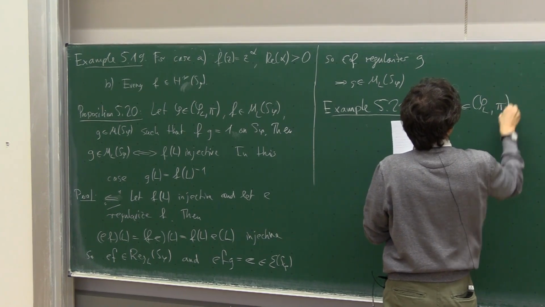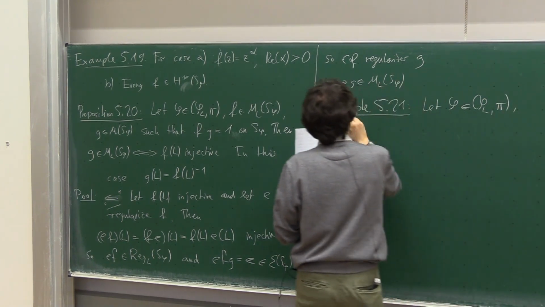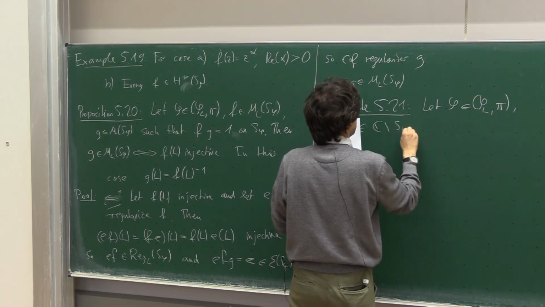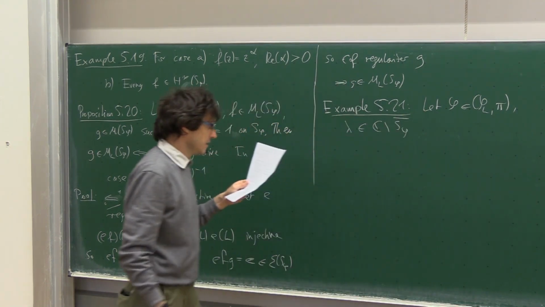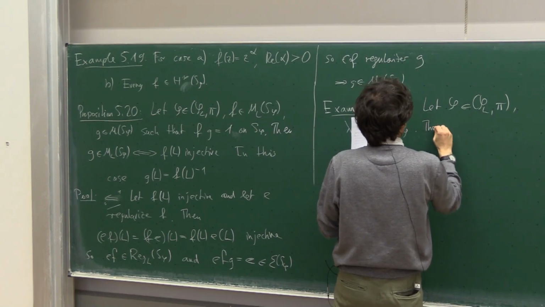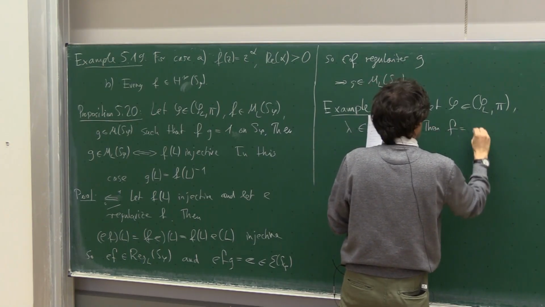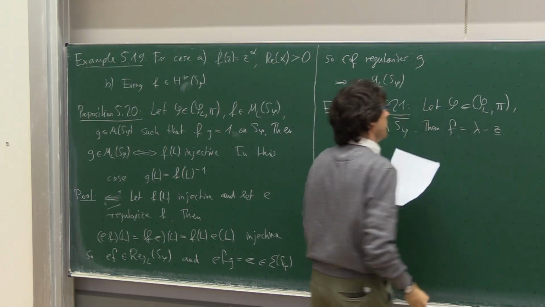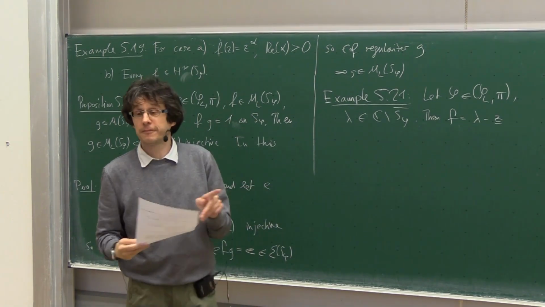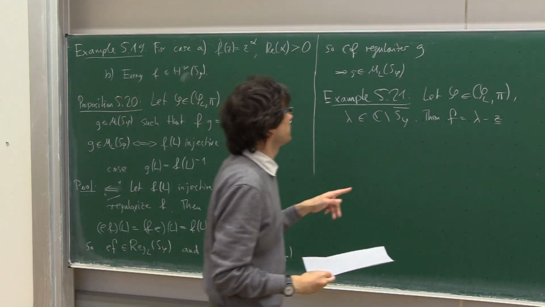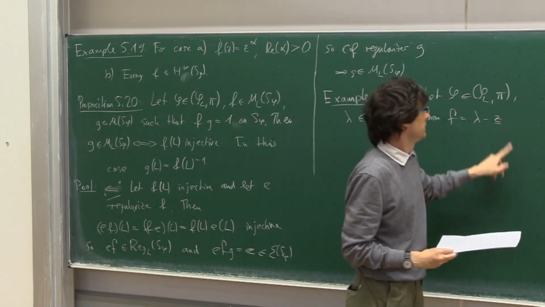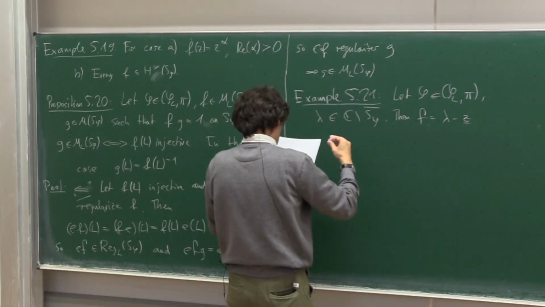So take again the right angle, take some complex number z that is not in the sector, and consider the function f being lambda minus z. We know already what happens. We've shown that this is a regularizable function, and that if you plug in L, you get lambda minus L.